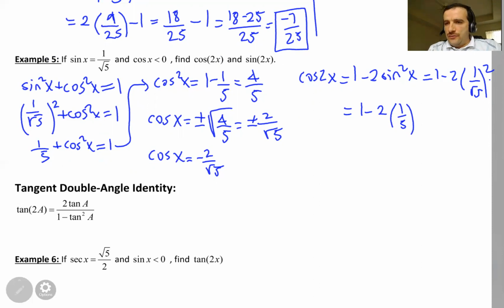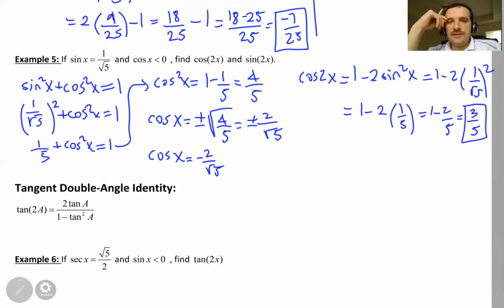And now 2 times 1 over 5 is 2 over 5. 1 minus 2 over 5, which is 3 over 5, if you have the common denominator. Cool. We got what cosine 2x is.